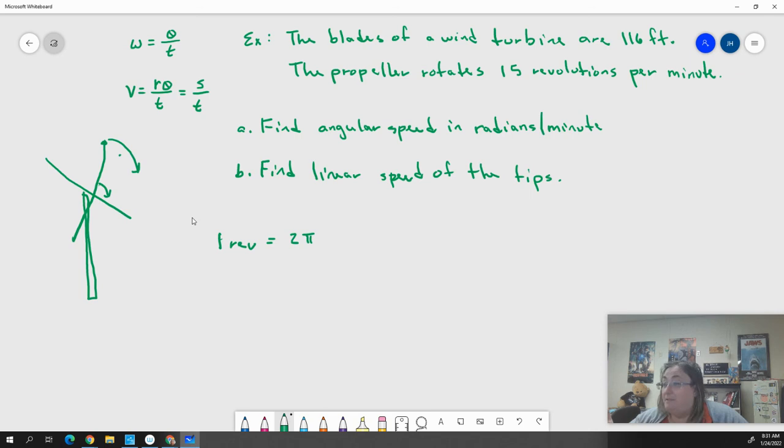So we could say that it's going to go 15 times 2 pi per minute. So 30 pi radians per minute. That makes sense? 30 pi radians per minute.